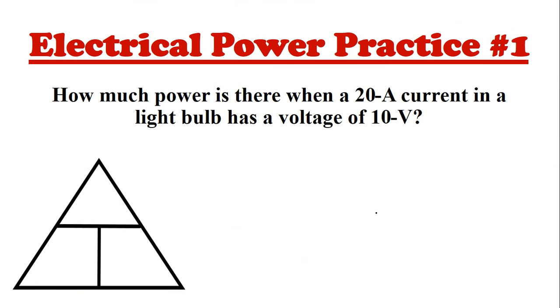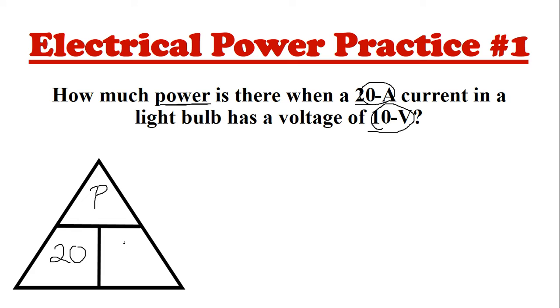Let's do two examples. How much power is there when 20 amps of current is in a light bulb that has a voltage of 10 volts? According to this, we're trying to find power, so we're going to leave the P at the top. Current and voltage, that's what we need. One side is current, that is 20.